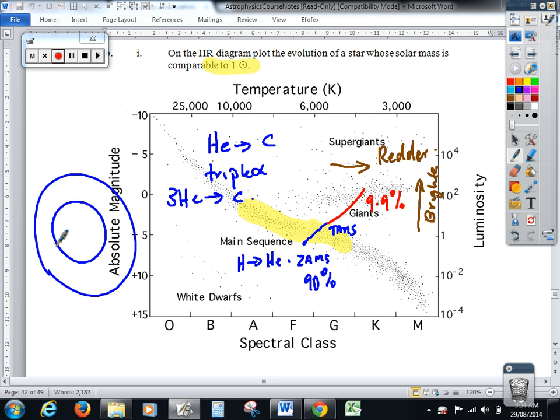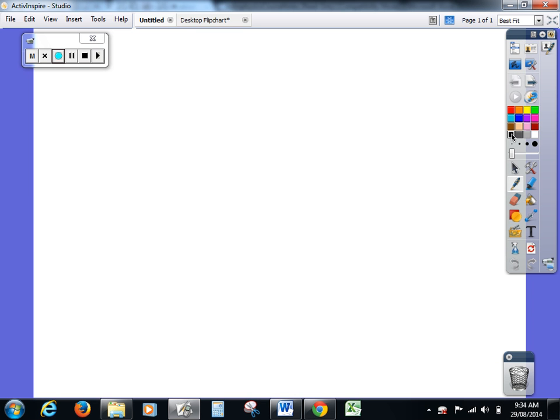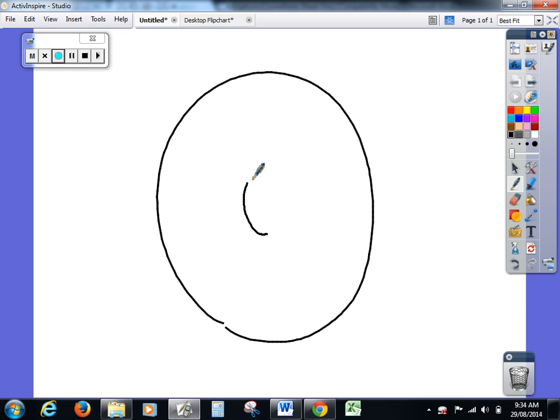Now let's have a look at what's happening in the core of that star, so I'll just do a better diagram. So let's get a star here, and here's our core. There is hydrogen out here. There is hydrogen in the centre, which is fusing.